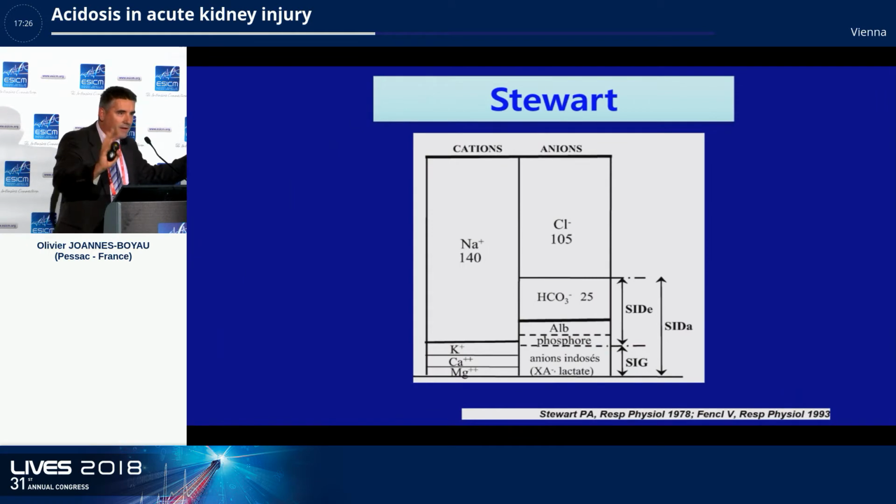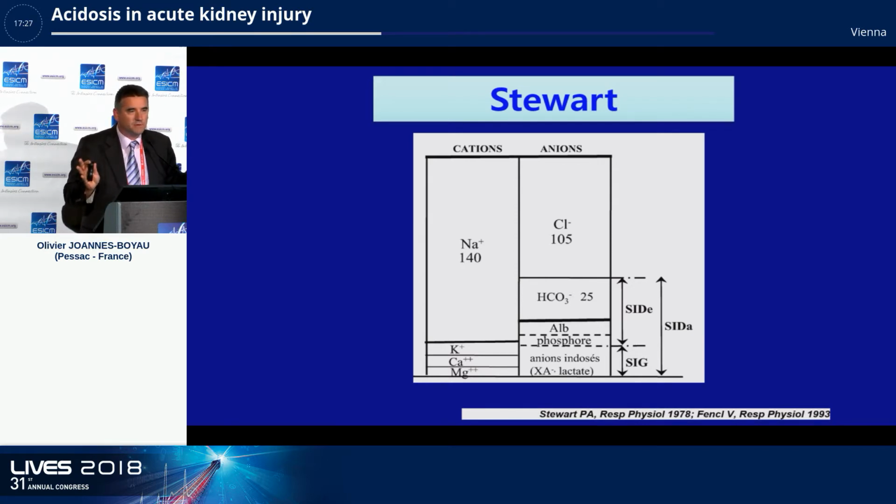Just keep in mind this picture with all the parameters together, and it's very easy to understand what's happening when you have electrolyte disturbances that explain metabolic acidosis or alkalosis. Cations are positive with alkaline effect, and anions are negative with acid effect.